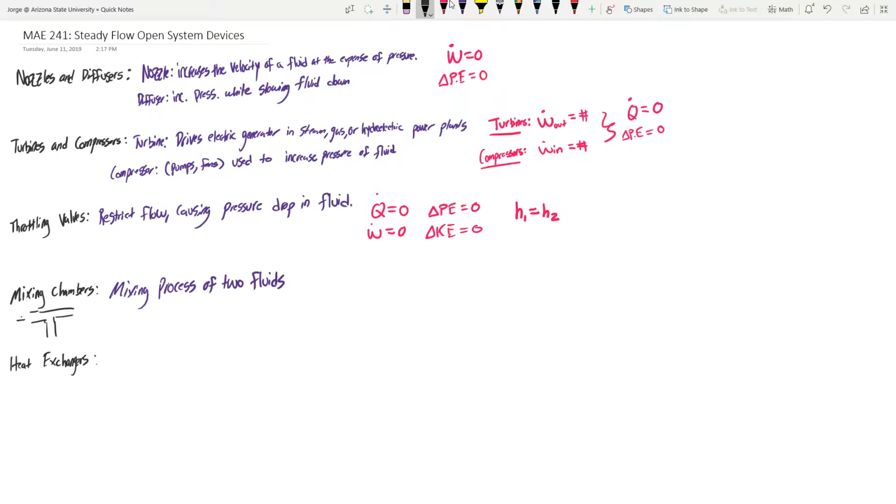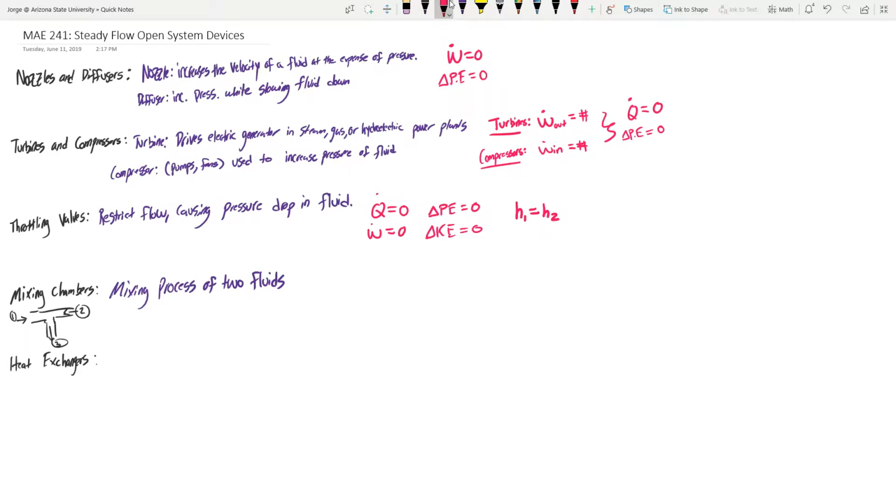So you have an inlet here, fluid 1, let's call it fluid 2, separate fluids, and then you have a third one here. This could be considered a mixing chamber. And we can say that for mixing chambers, the sum of the incoming mass flow rates equal the mass flow rate of the outgoing mixture.